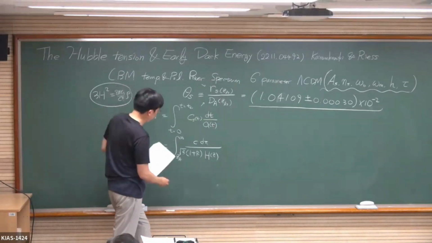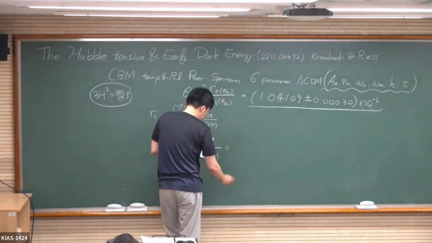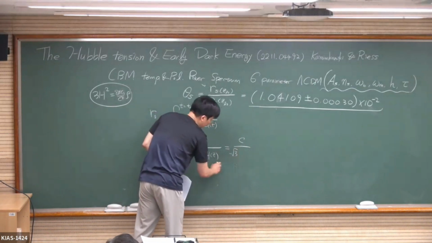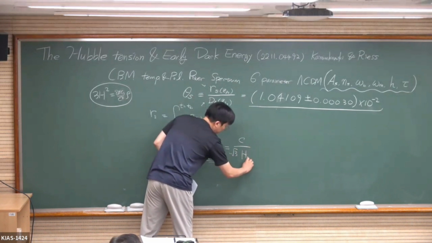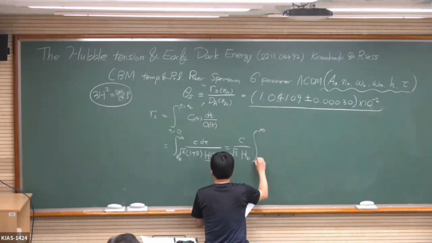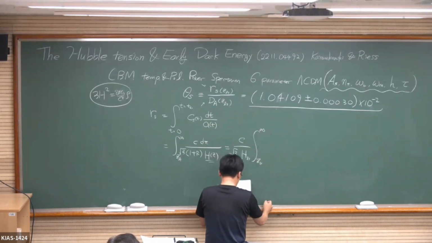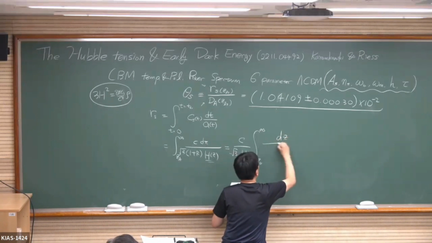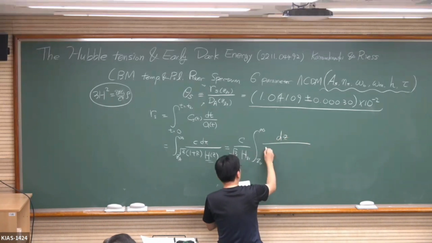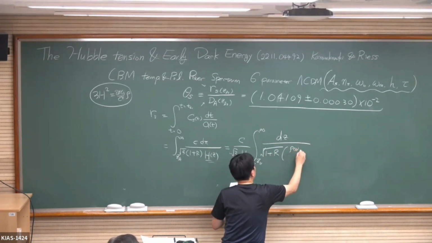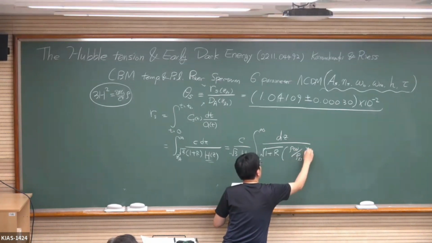Let me just write down. That is c over square root of 3, and then I rewrite this as H_LS, and so all I write here will wind up being important. So dz, you integrate square root of 1 plus R and rho of z over rho LS.